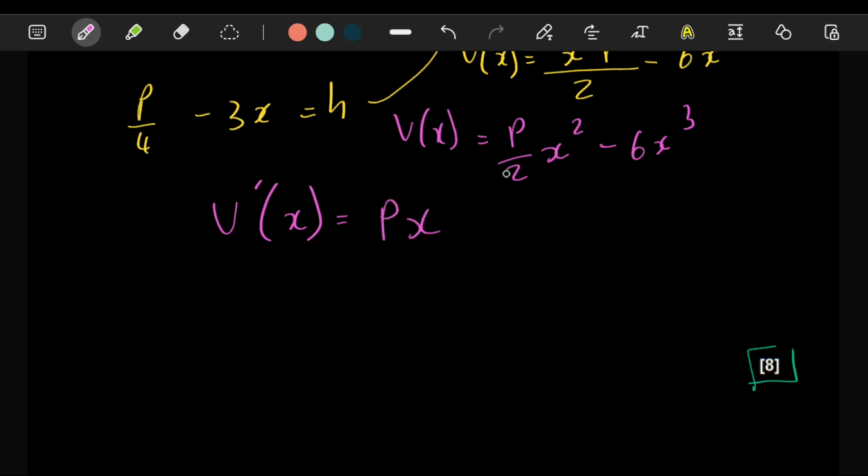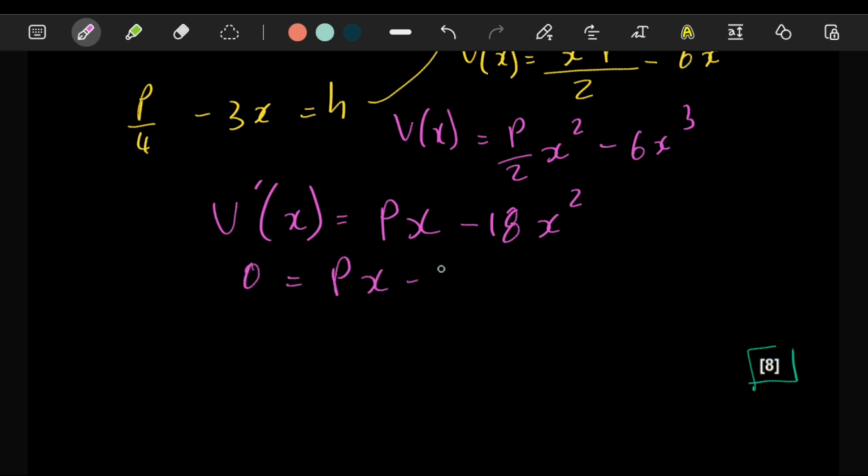Remove 1 from the exponent, and then 3 times negative 6 is negative 18x squared. So this is your first derivative, right? You're going to make it equal to 0.